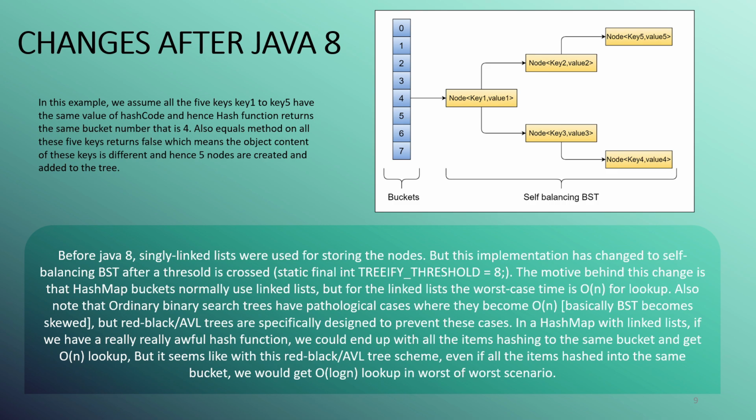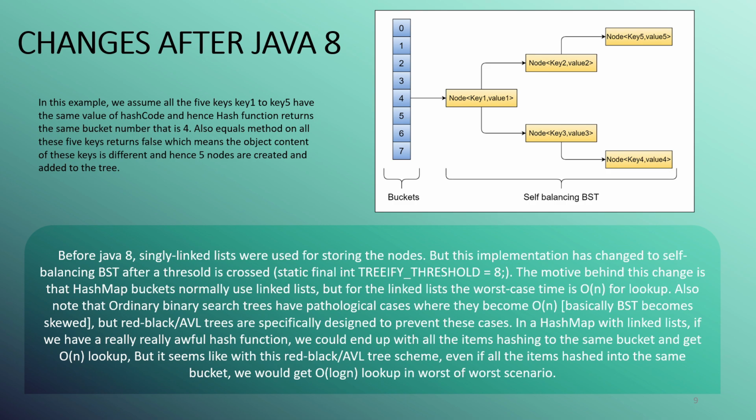The reason is a self-balancing BST, which could be a red black tree or AVL tree. Why is this included? It is included in order to improve the performance of the hash map in case your hash map is not properly maintained, or you have a lot of data in some buckets.